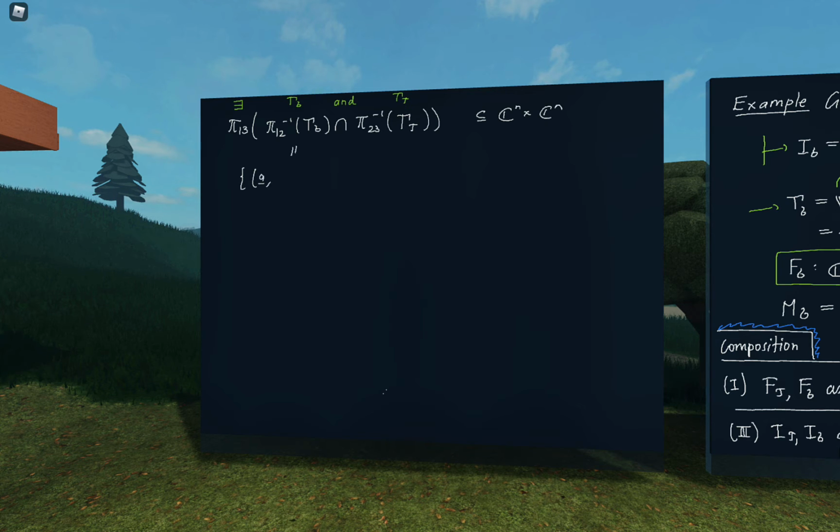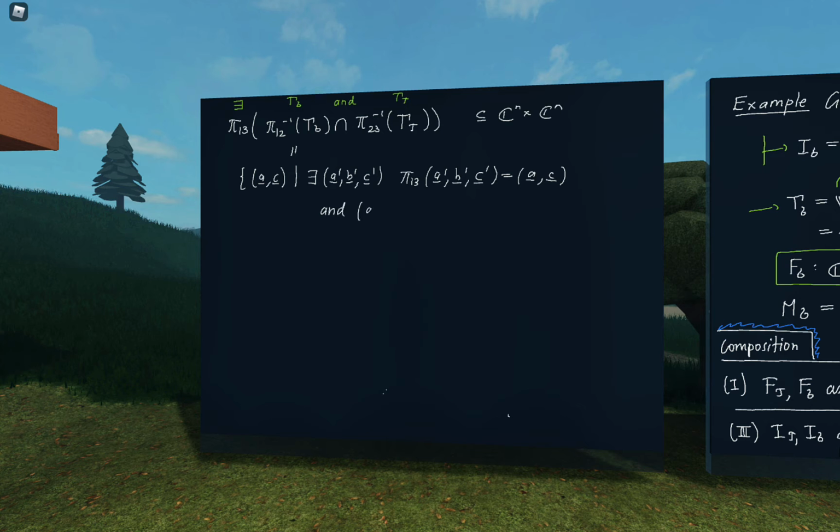So what is this? Well, if I take the image, that's the set of all things in Cn cross Cn, for which there exists a tuple in the domain, which remember is a triple product of Cn with itself. Let's say for which there exists A prime, B prime, C prime, with pi13 of A prime, B prime, C prime equals AC.